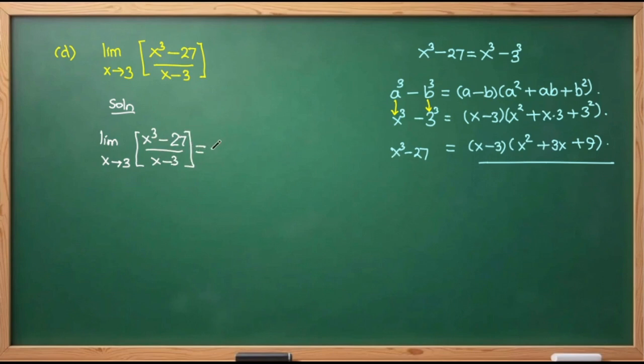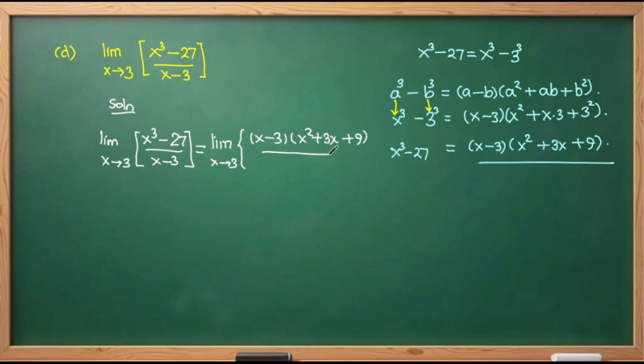This should be equivalent to the limit as x tends to 3 of, now we are writing the numerator in this style, x minus 3 times x squared plus 3x plus 9.